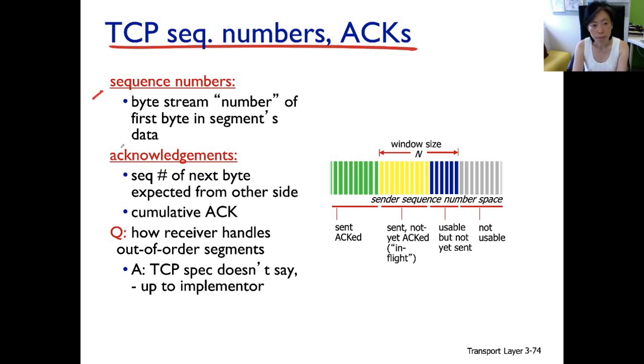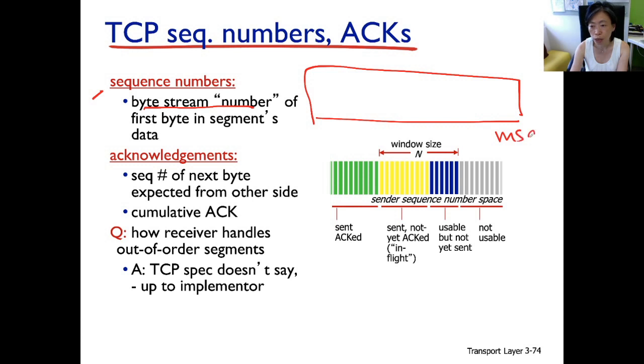First, the sequence numbers. What the sequence number says in the packet header is the byte stream number of the first byte among all the data bytes in the packet. But what is the byte stream number? Let me explain. This is the original message, which can be really large, generated by the application layer process.